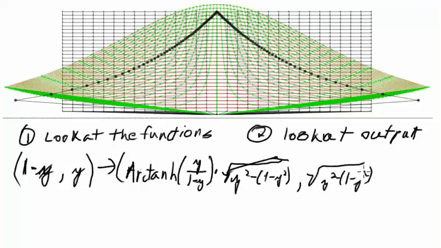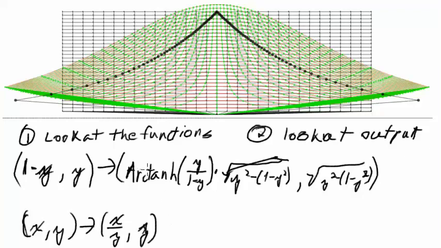And then we applied the function x comma y goes to x over y comma y.